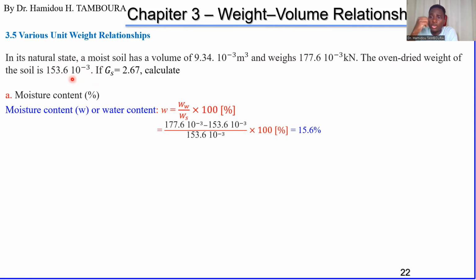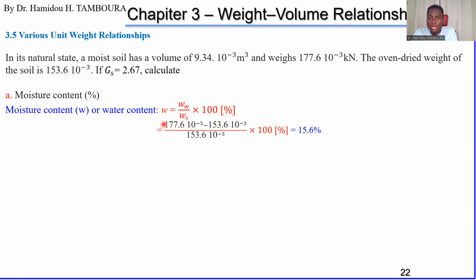So for us to obtain the weight of the water, we just take the total weight when the soil was wet, minus the weight of the soil after drying it. Because in this weight, both water and solid soil grain are included, but in this weight, it is only the soil particles.